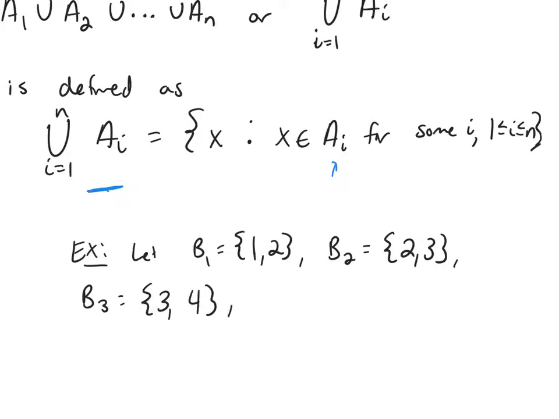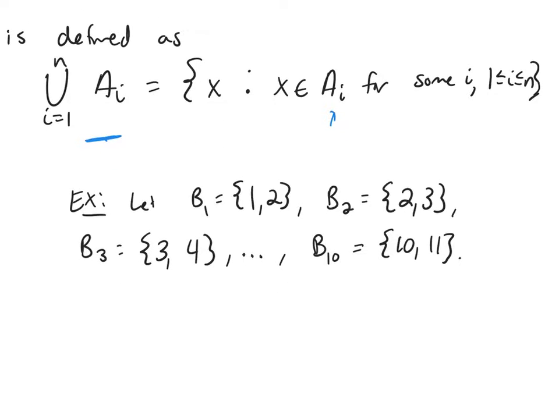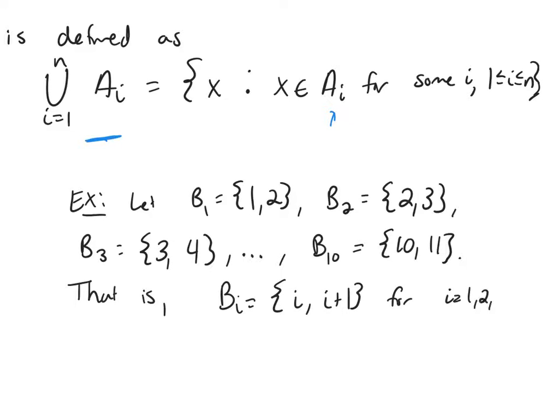And you're going to keep going until you get to B10, which will be the set {10, 11}. So there's this general pattern to these sets. In general, Bi would be the set containing i and i plus 1. And we're restricting i to be 1 up through 10.